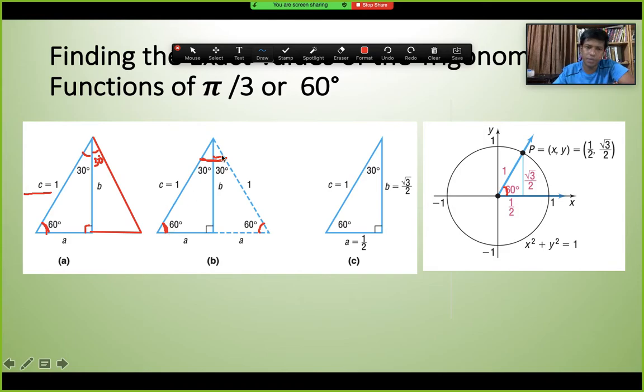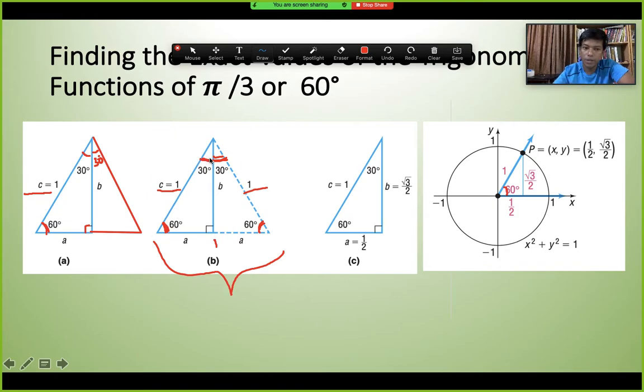Now how does it help? Since all of them are the same angle, and we know that this side is 1, then all of them should be 1. This whole side should be 1, this should be 1, and this should be 1. Why?